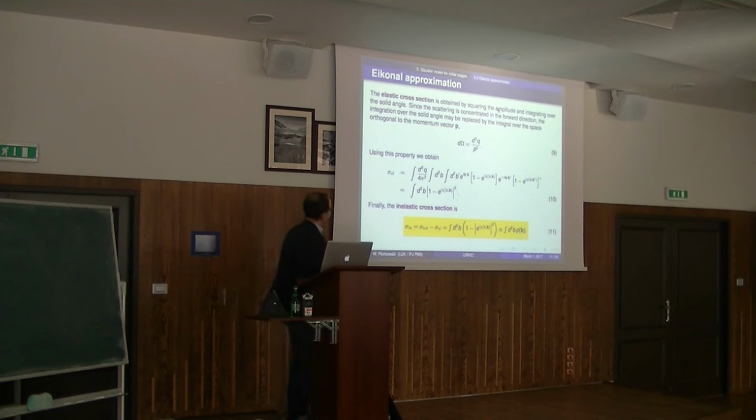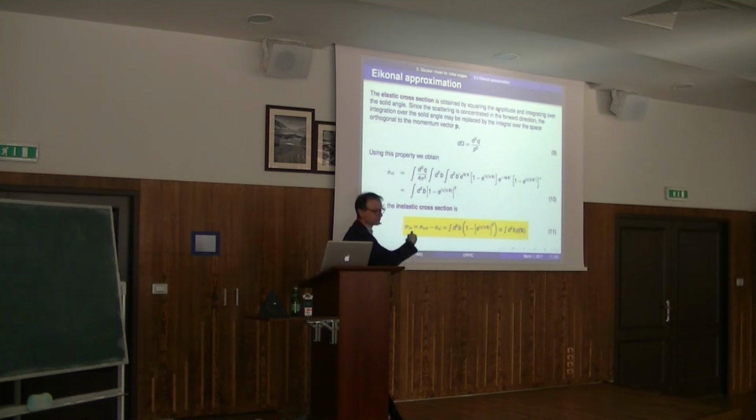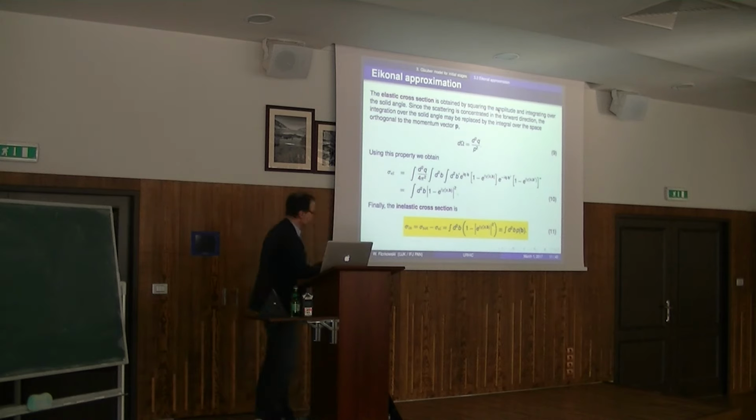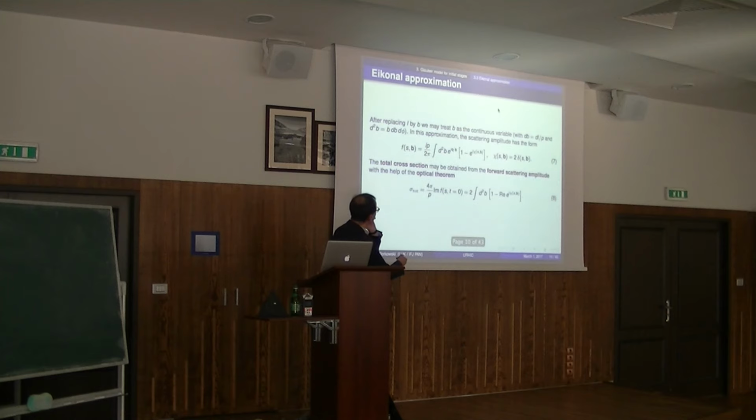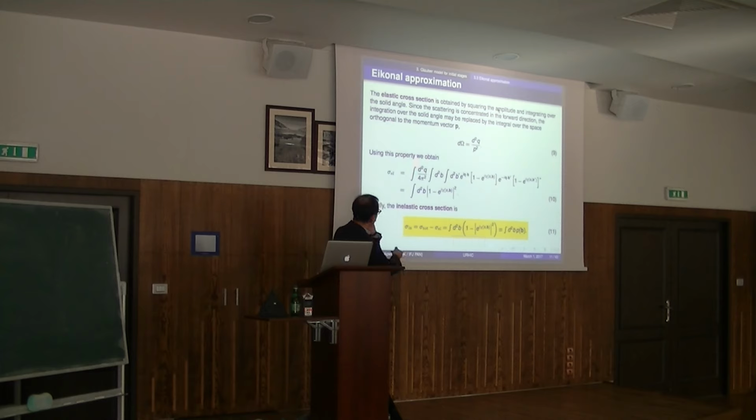Then we can also calculate the elastic cross-section by squaring the amplitude and integrating over the angles, but because everything happens in this transverse plane, the integration over the angles is just replaced by the integration over the relative momentum. We don't have to look into this in detail. These are just two amplitudes which were before just squared and integrated over angles. And so then we get the elastic cross-section, and the inelastic is the difference.